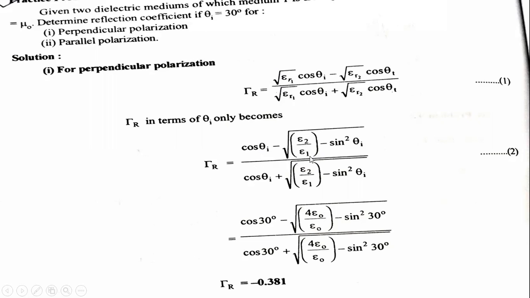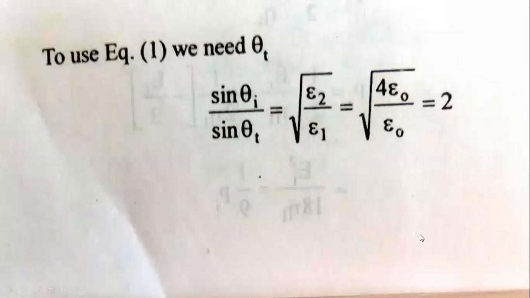So epsilon 2 divided by epsilon 1 sine square of theta I, because these two cos will be converted. Similarly, cos of theta I in the root of plus; see here the difference between minus and plus, sine square theta I. Substitute the value of cos of theta I, that is 30 degrees. Sine of theta I is again 30 degrees. So in this way you can calculate the reflection coefficient as minus 0.381.